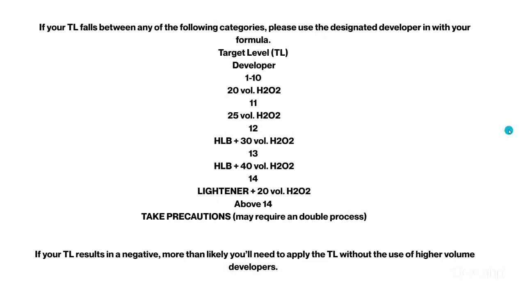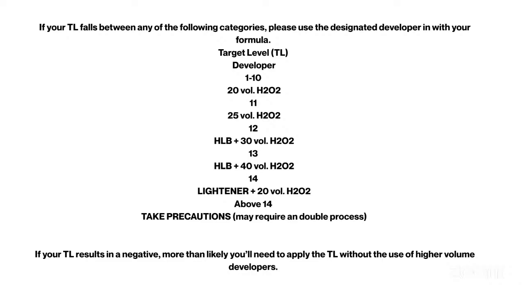Okay. So here we are when it comes to our development. Your target level. If your target level is 1 through 10, you'll always use a 20 volume developer. I always write H2O2 because H2O2 means hydrogen peroxide. H2O2 also means developer. So you may hear me say developer, hydrogen peroxide.